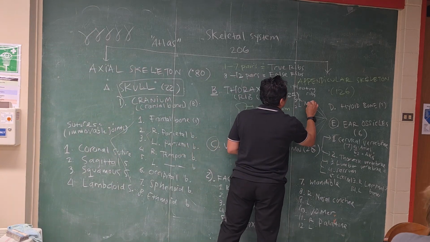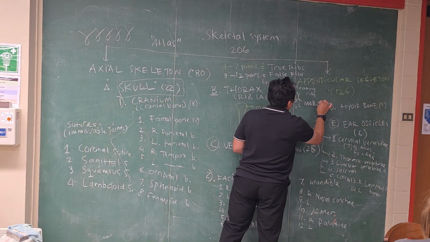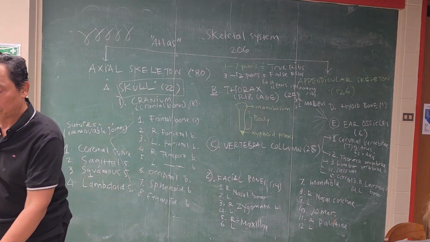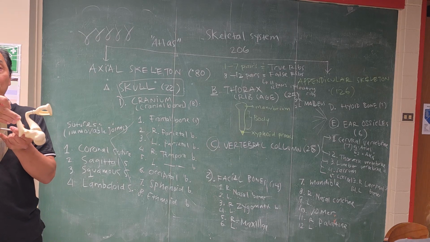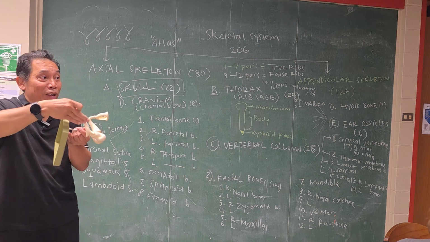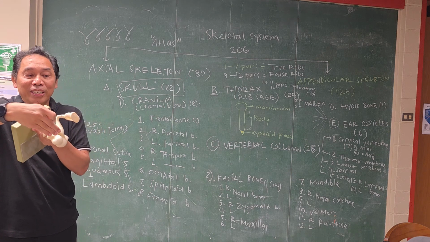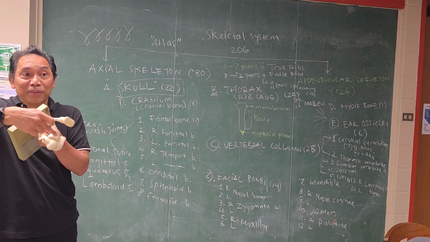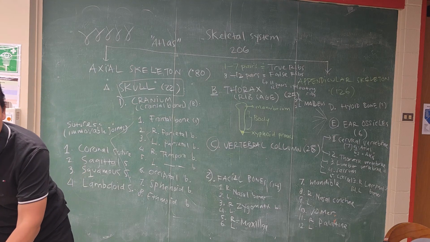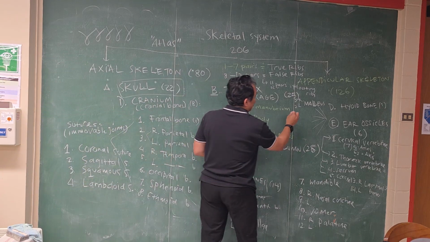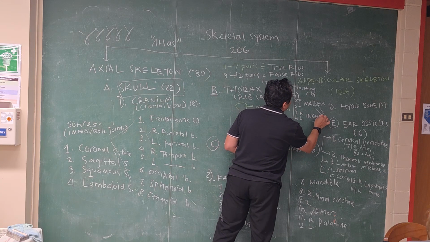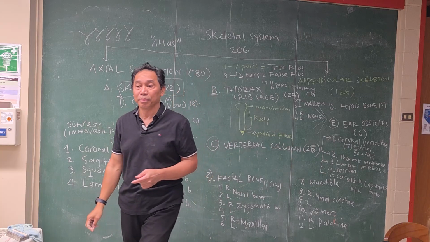So the malleus will also vibrate. When the malleus vibrates, it will send the vibration to the second ear ossicle over here. It also will be vibrating. That second one is called the incus. So it's going to be number 3 and 4, right and left incus. Malleus, incus.